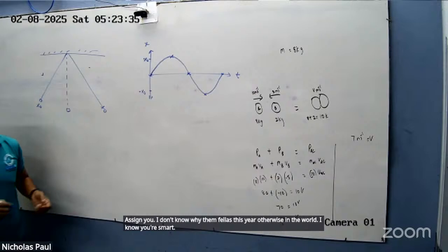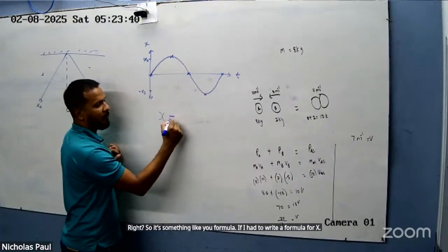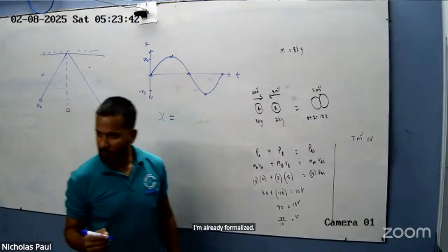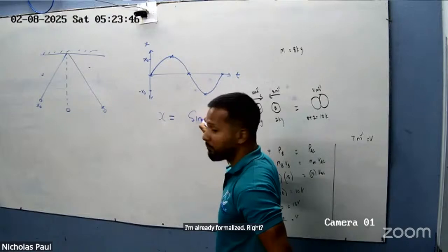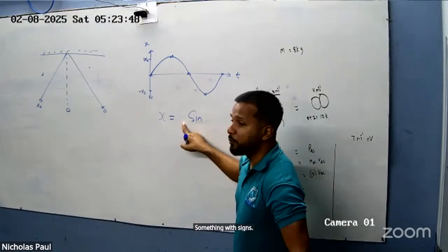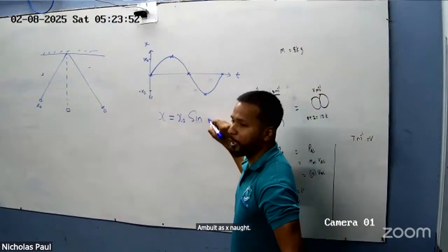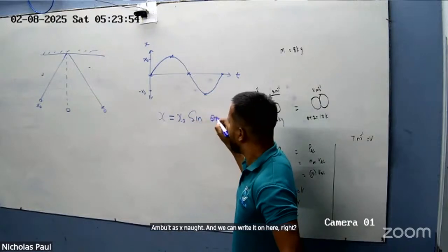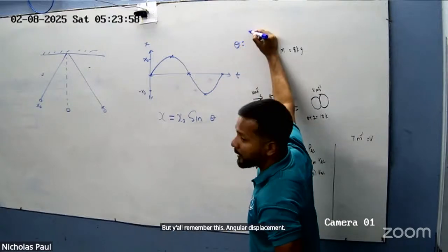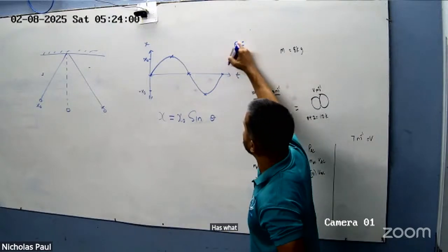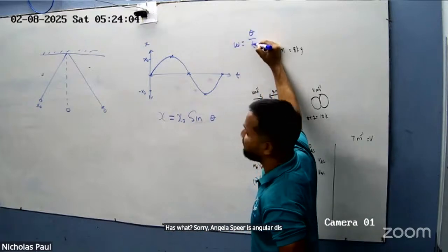So if I had to write the formula for x, anybody can tell me what the formula is? Something with sine. And the amplitude is what? Amplitude is x naught. And we can write theta here, right? But you all remember this? Angular speed is angular displacement on time.